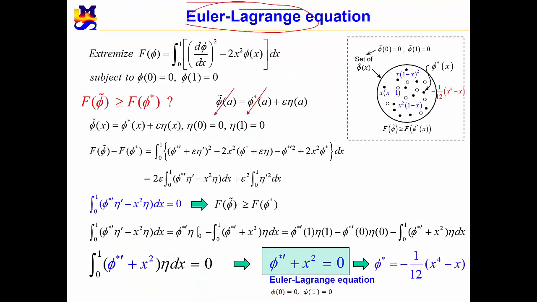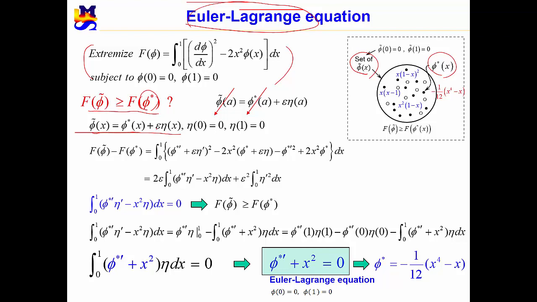Now let's derive the Euler-Lagrange equation corresponding to this variational principle. Assume that phi star in this physical function set which satisfies essential boundary conditions minimizes this functional, and phi tilde is a function in the same physical function set. Let's put the phi tilde like this, that is phi star plus epsilon times eta of x.